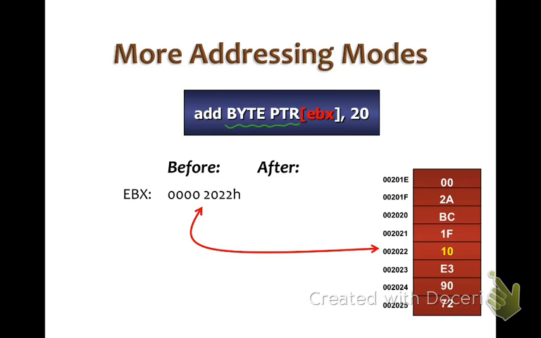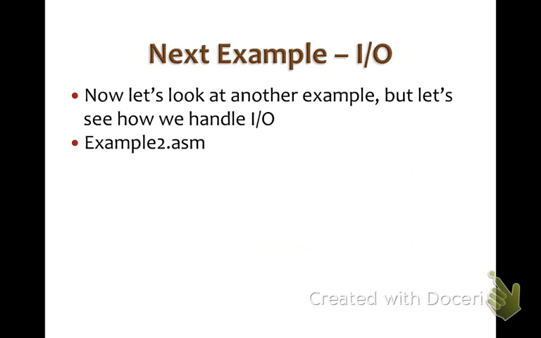Byte pointer. Now this instruction, if you were to read it in English, reads: add 20 to the byte that EBX is pointing at. So I'm going to add 20, or 14 in hex, to this to get an answer that overwrites. Okay? In the same way, I can use word pointer, double word pointer, quad word pointer.